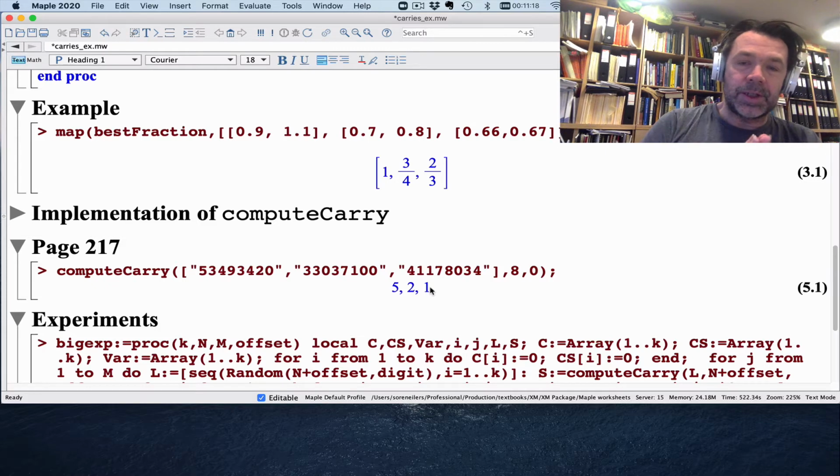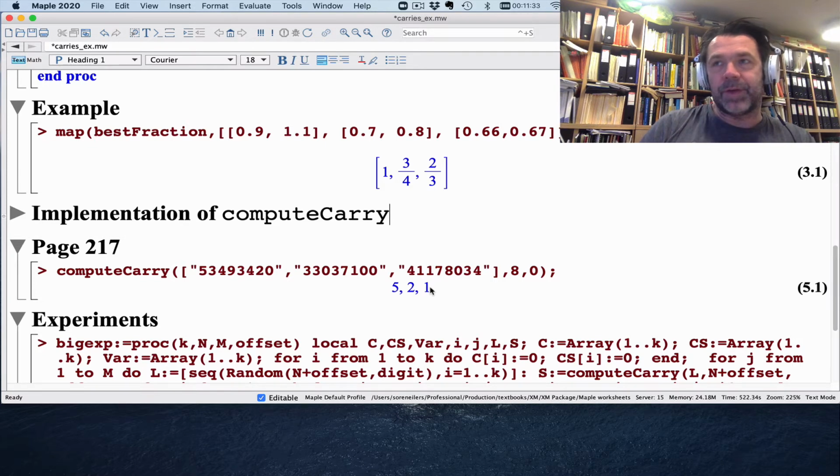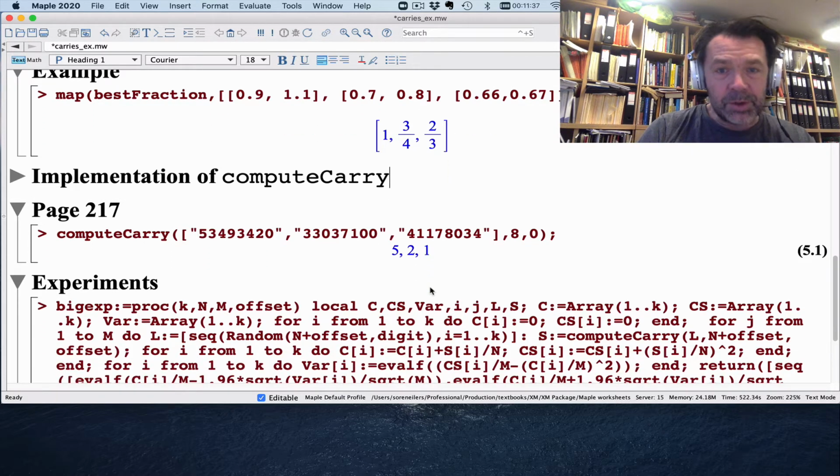And it's fairly easy to see that the number of numbers that you get in your addition gives you a max of the carries that you can encounter. In fact, it's 1 more than the number of carries that you can encounter. So I'm interested in what the distribution is.